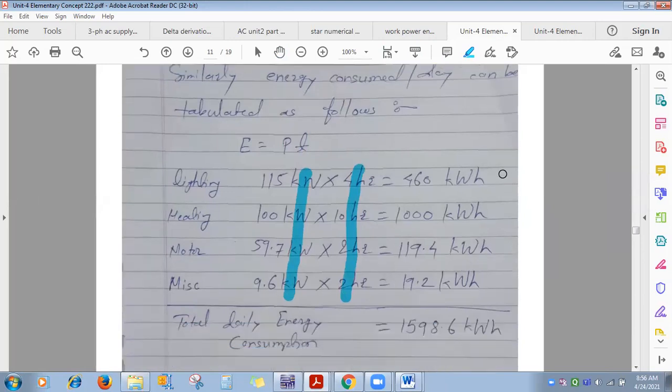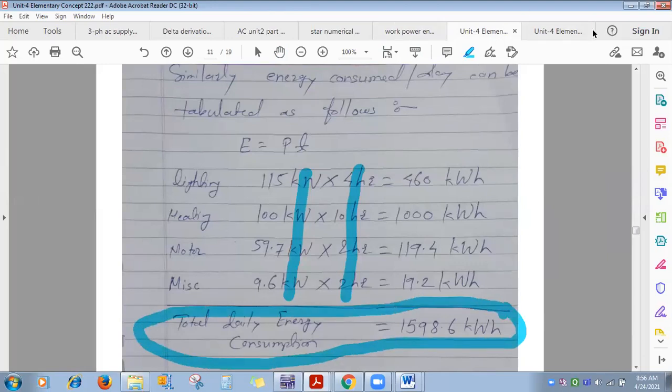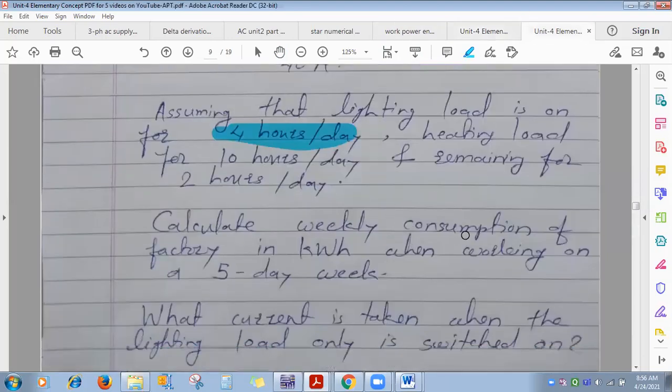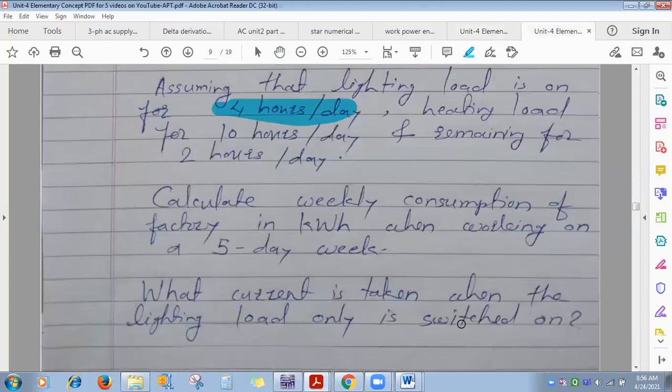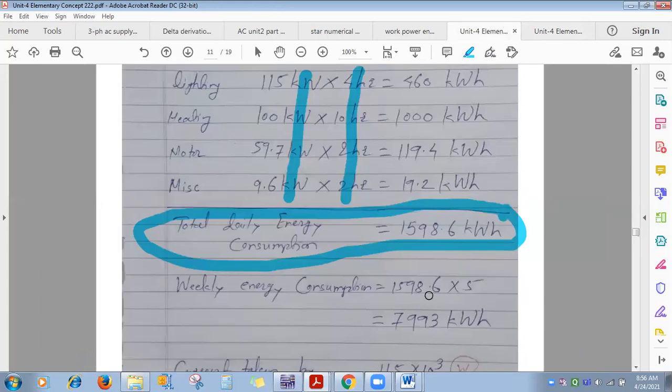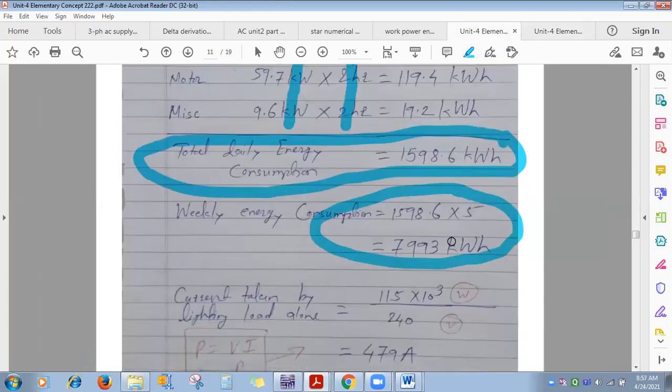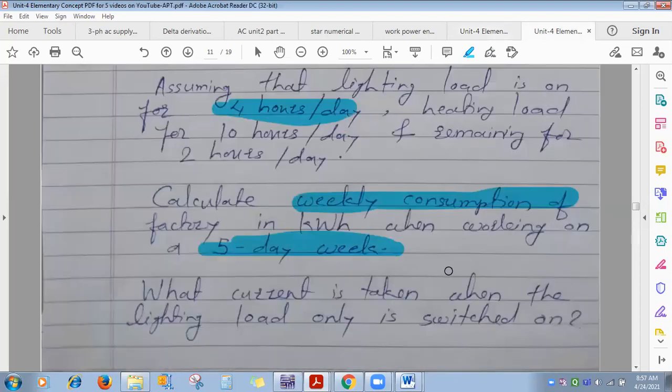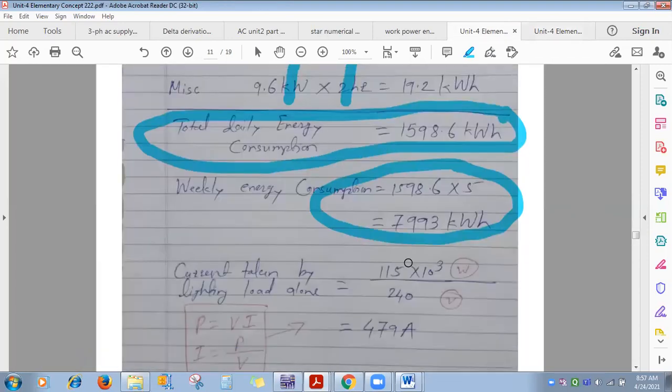Using that, you will get energy in kilowatt hour per day. So per day, then what is given? You have to calculate weekly consumption, and a 5 day week. So per day we have calculated, multiplied by 5 will be the per week, isn't it? So that you got in kilowatt hour, and you have been asked kilowatt hour only, weekly energy consumption in kilowatt hour. So we got it, kilowatt hour, isn't it?